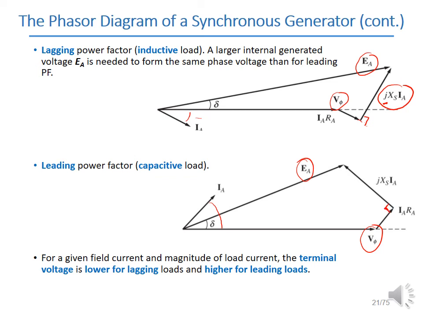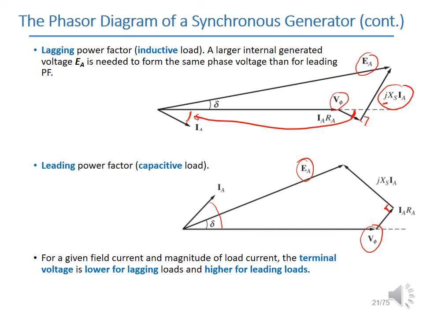Similarly, if you look at the previous slide, you will see that jXSIA is perpendicular to IARA. So if you are asked to draw one of these phasor diagrams, you should make sure that jXSIA is perpendicular to IARA, and the angle of IARA itself depends on the angle of IA.